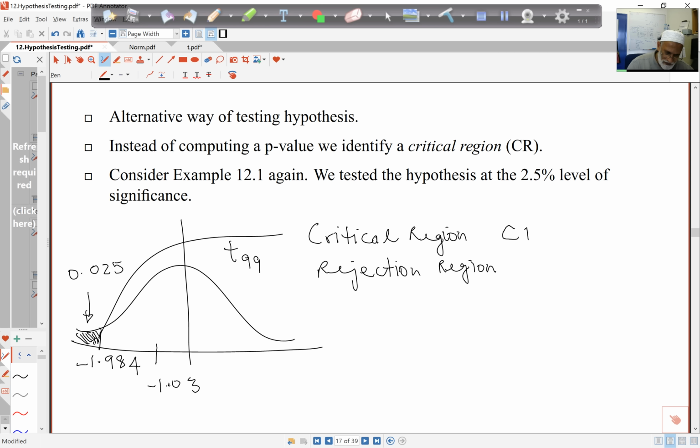This is defined by my alpha level. So obviously, if this value that I've observed lies in the critical region, then my p-value will be less than 0.025. If it's not there, then you can see the probability on the left of this is bigger than 0.025. So the two ways of hypothesis testing are exactly equivalent.